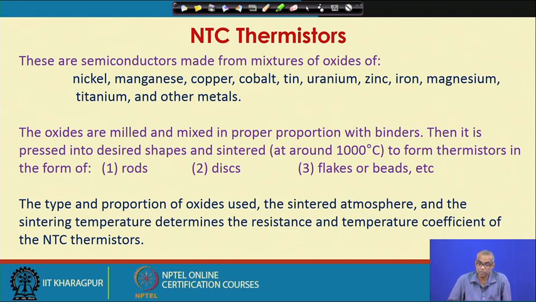So, they are made from mixtures of several oxides such as oxides of nickel, manganese, copper, cobalt, tin, uranium, zinc, iron, magnesium, titanium and other metals.